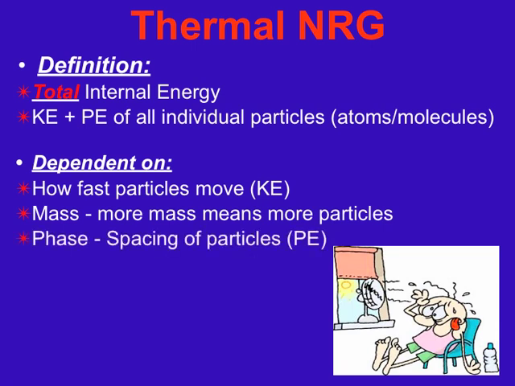It's also dependent, as I talked about earlier, on the phase and the spacing of the particles. The potential energy in a solid is less by a little than that of a liquid, but a liquid and a solid have significantly less PE than that of a gas.